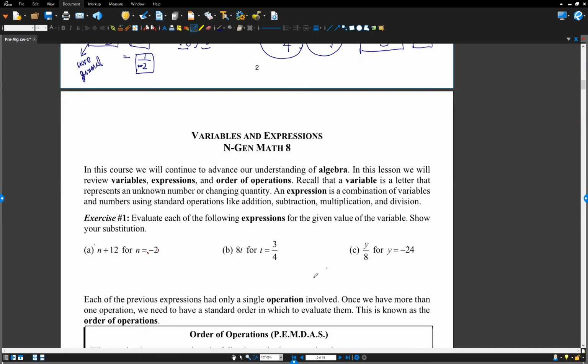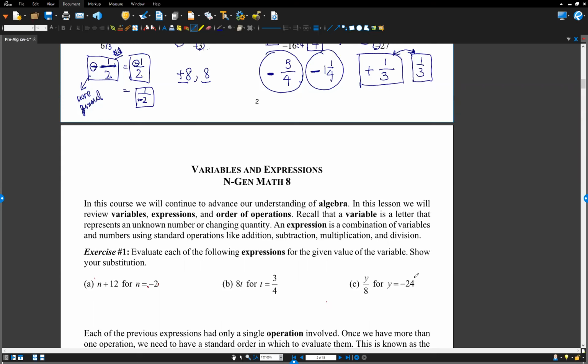All right. So what is algebra? What is algebra? It's like equations with letters. Yeah, perfect. Excellent. In algebra, we have two different things.